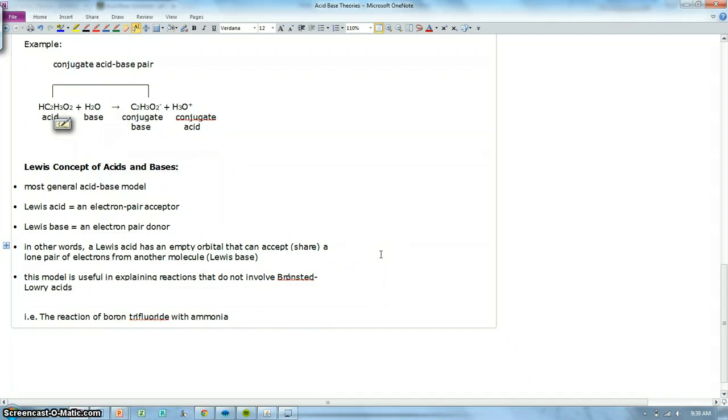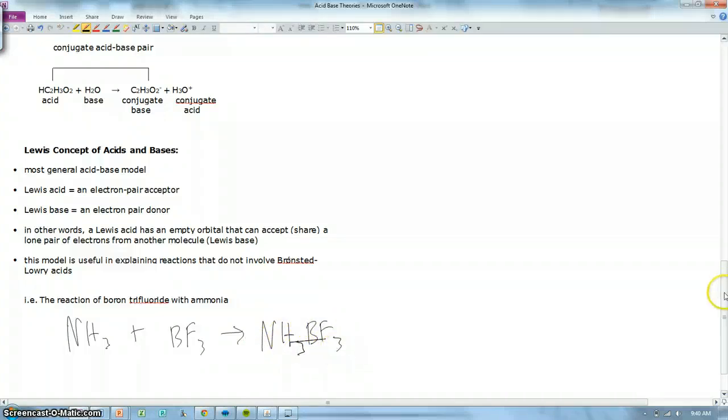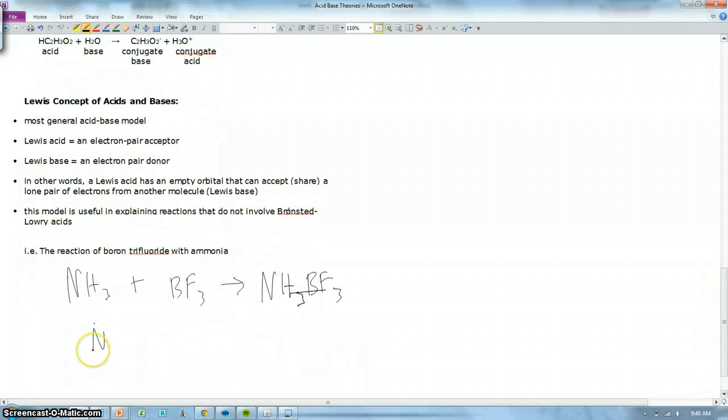So you would see that in the reaction of boron trifluoride with ammonia. So ammonia, NH3, plus boron trifluoride looks like this. So you have your ammonia bonding to the boron trifluoride to create NH3BF3. What happens at the molecular level here is, as we remember from our Lewis diagrams, ammonia looks like this, and boron, only having 3 valence electrons, has this empty space up top.